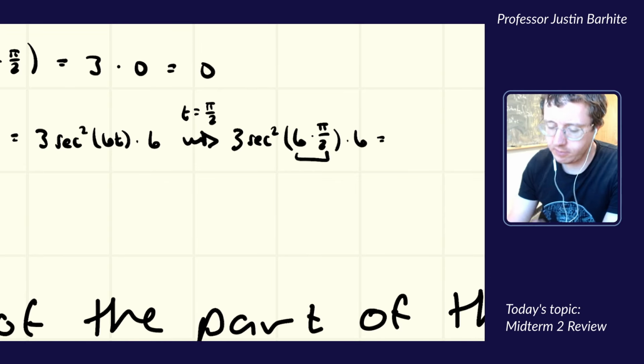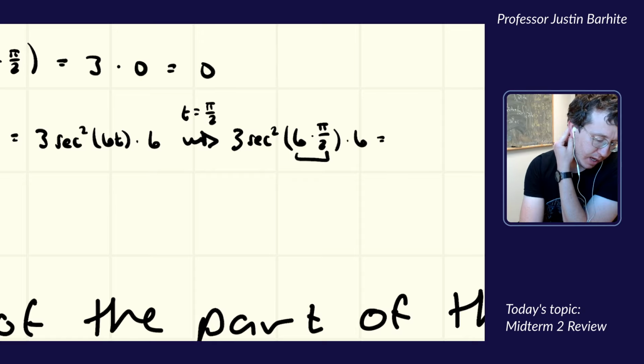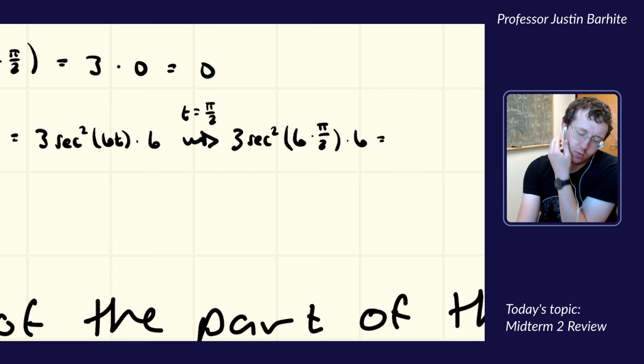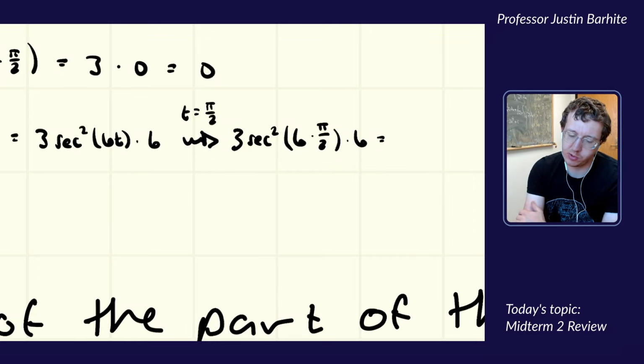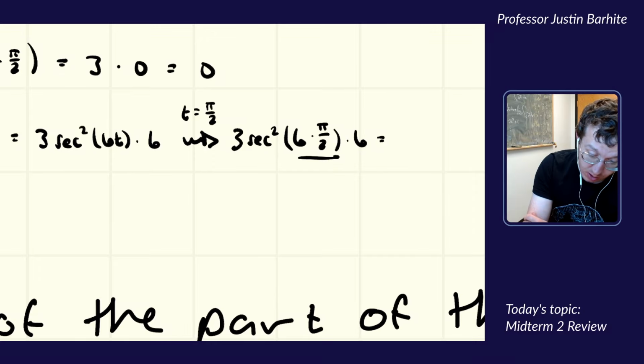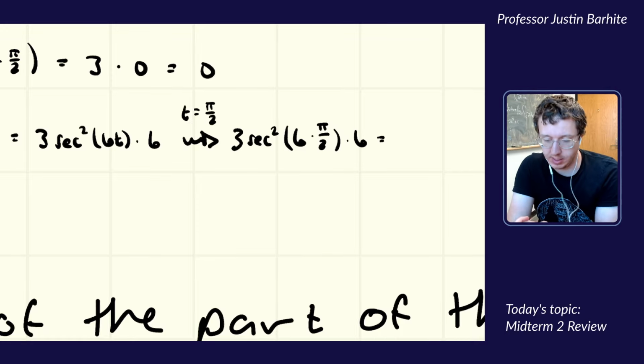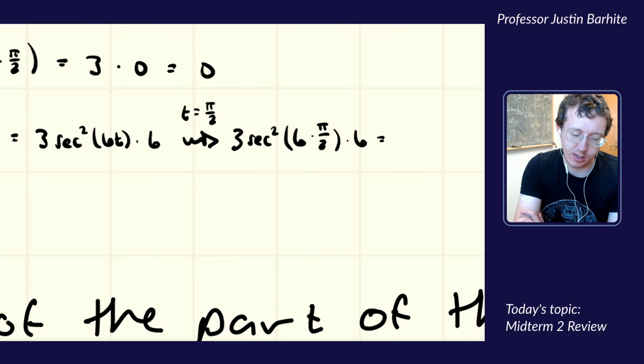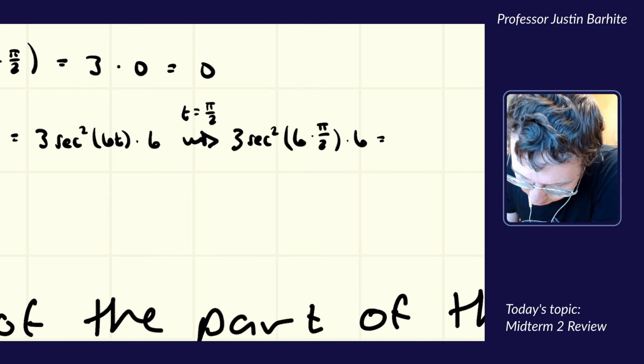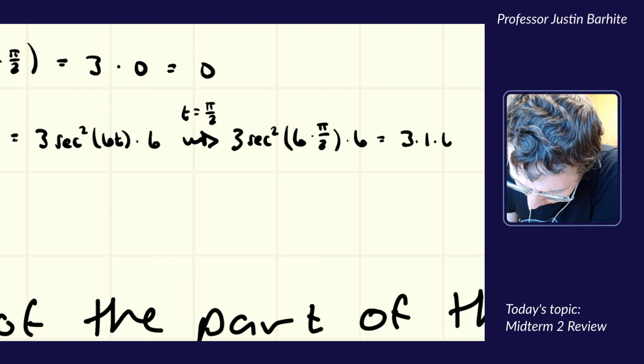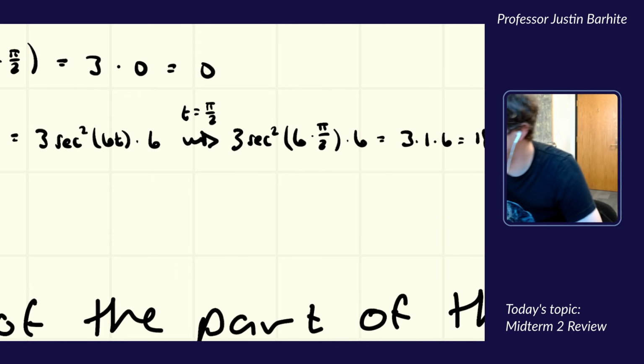This angle of 3 pi, well, secant squared means take the cosine and then take the reciprocal and then square it. The cosine of 3 pi is negative 1. The reciprocal of negative 1 is still negative 1, but then I square it, it becomes positive 1. So dy/dt is 18.